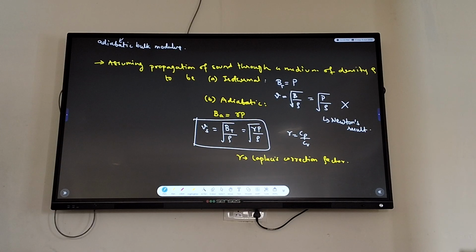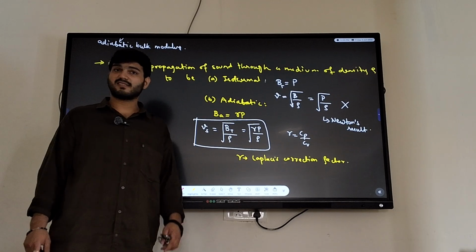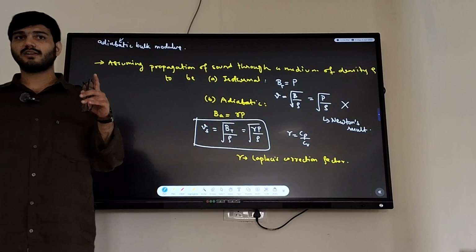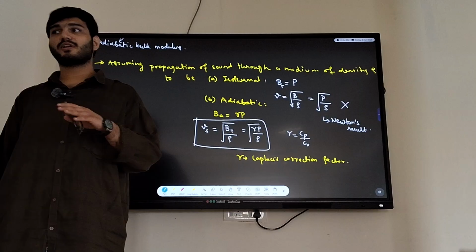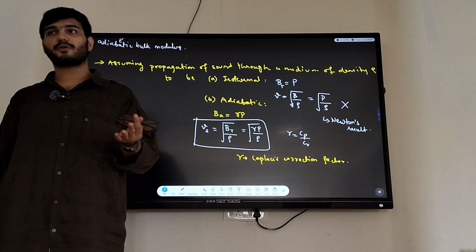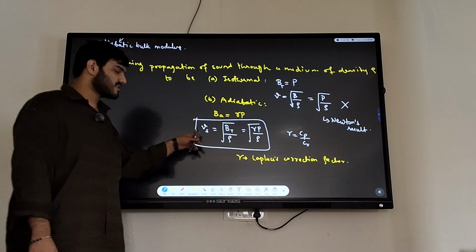Is it okay? So that is the speed of sound. Please understand this, that we are specializing now. If you remember, the initial result was quite general, under root B by rho. That was for a longitudinal wave. It did not care about what process it is or anything like that. What is this result?